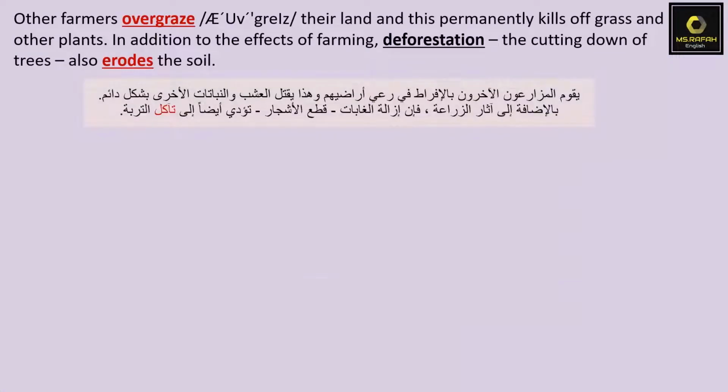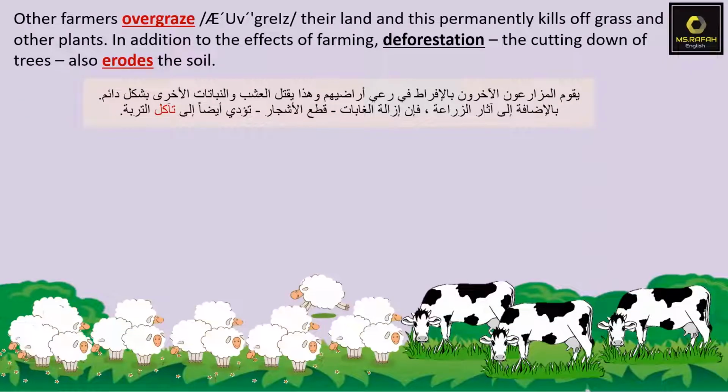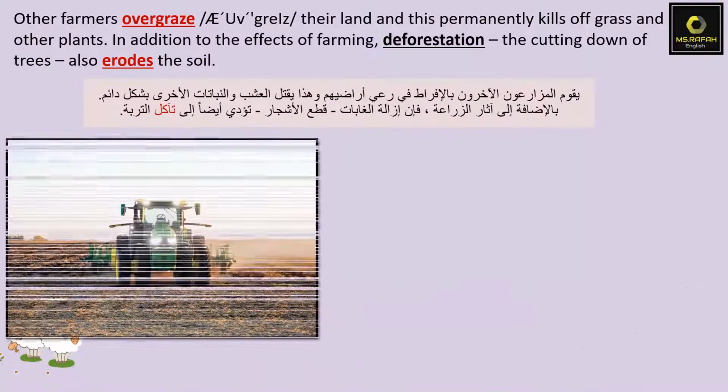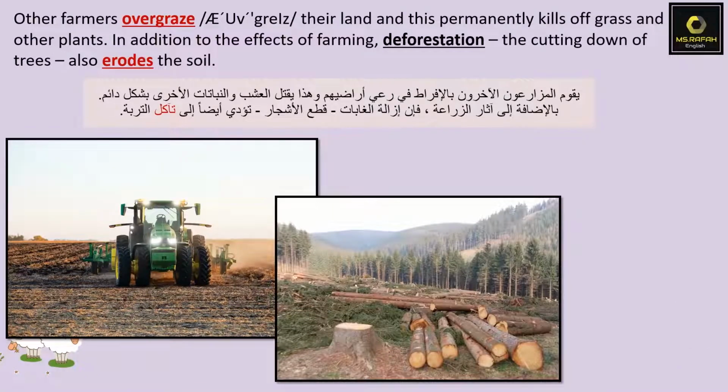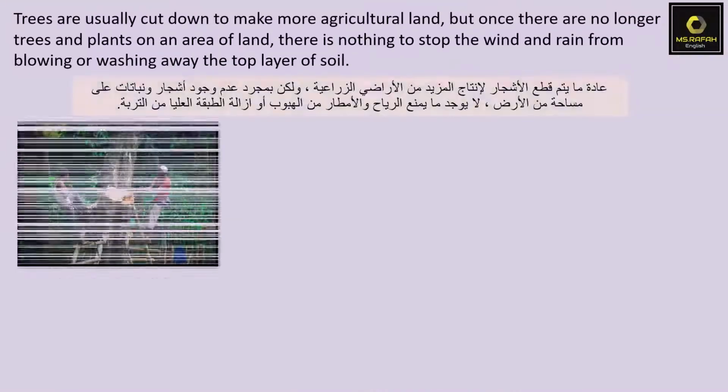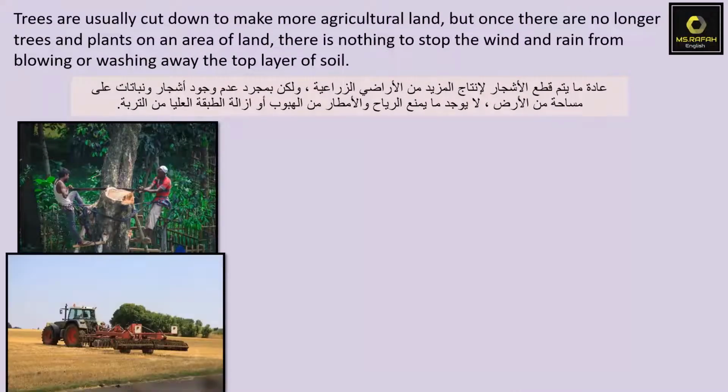Other farmers overgraze their land, and this permanently kills off grass and other plants. In addition to the effects of farming, deforestation, the cutting down of trees, also erodes the soil. Trees are usually cut down to make more agricultural land.